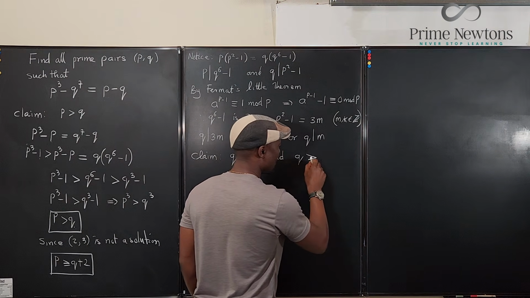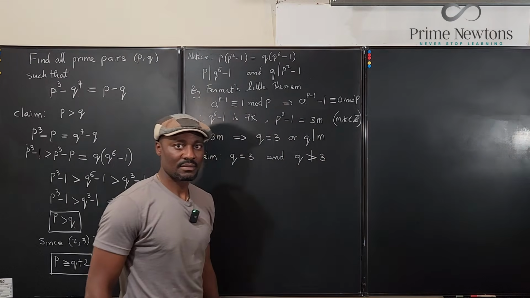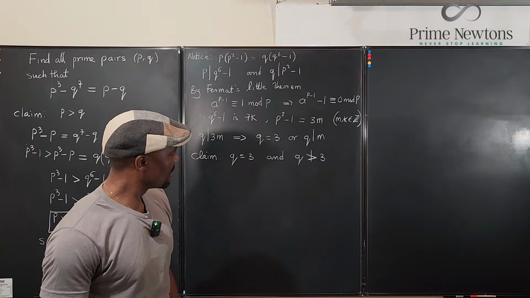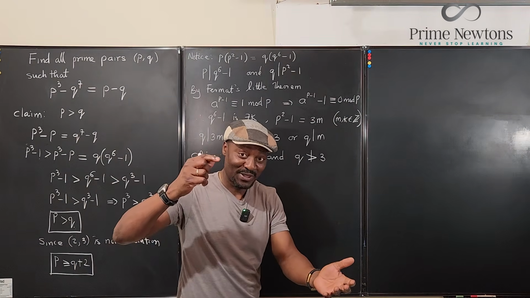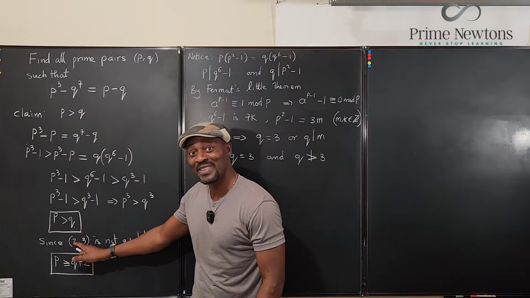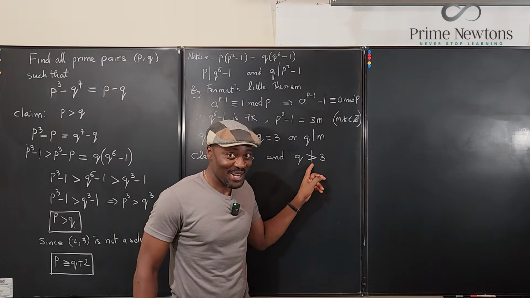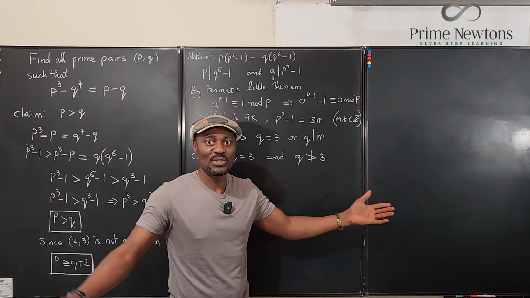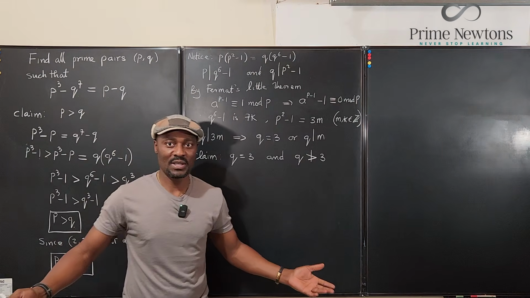Q is not greater than 3. So we've said that q is not equal to 2. And now I'm claiming q equals 3, and q cannot be another number greater than 3. That means we're done if I can prove this. We just know that q equals 3.